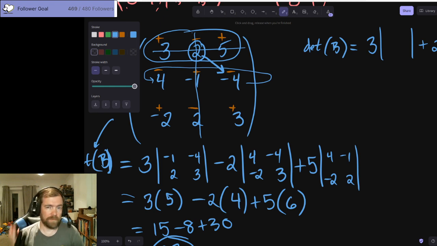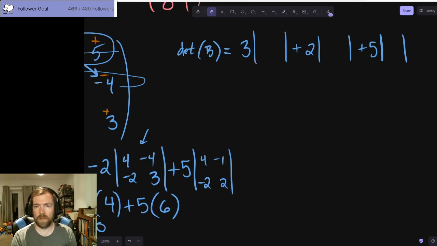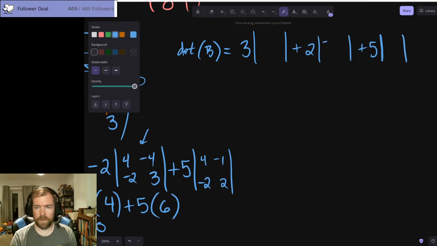So if I want my 2 to be the pivot point that we used for the middle one over here, unlike the original one that I showed, which gets 4, -4, -2, 3, this is now going to be the other way around. It's going to be -4, 4, 3, -2. Okay, so -4, 4, 3, -2.